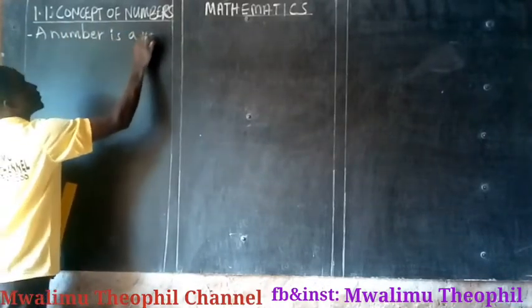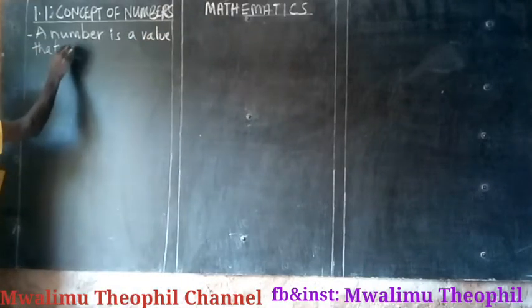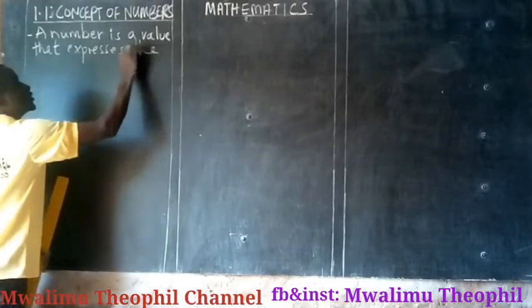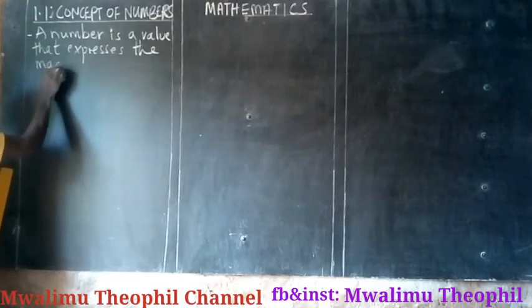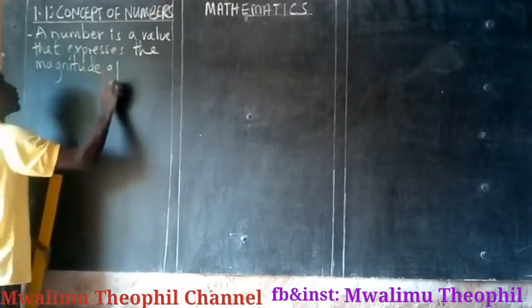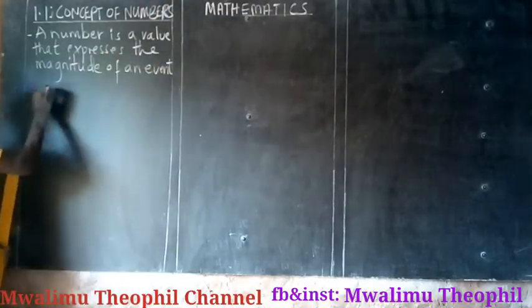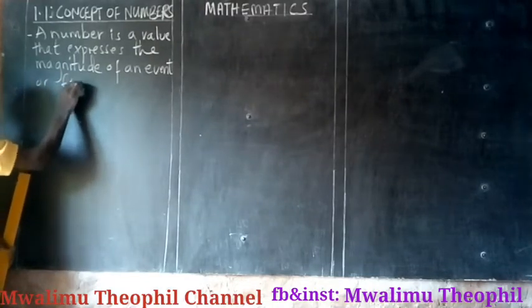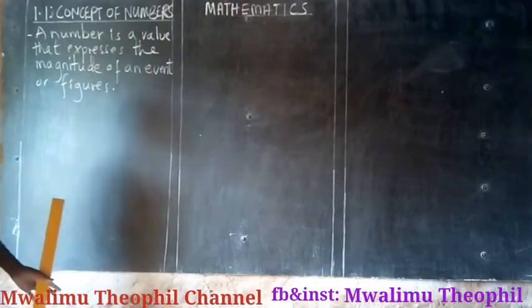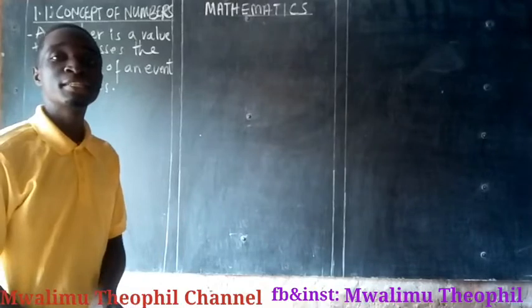Simply, a number is a value that expresses the magnitude of an event or figures. But any number is represented symbolically.